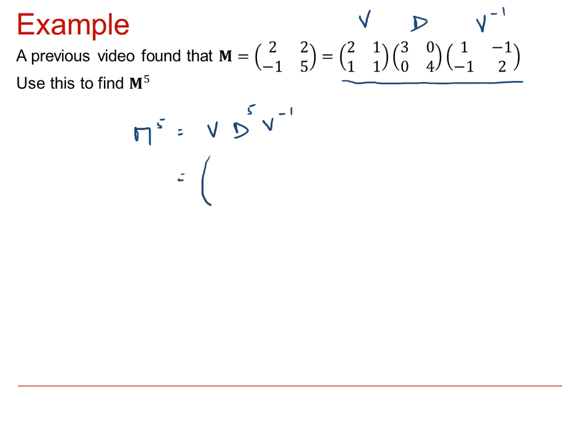So that will be V, which is 2, 1, 1, 1. D to the power 5 is now very straightforward to calculate because we simply raise to the power 5 the elements on the leading diagonal, 3 to the power 5 and 4 to the power 5, and multiply that by the inverse 1, negative 1, negative 1, 2.